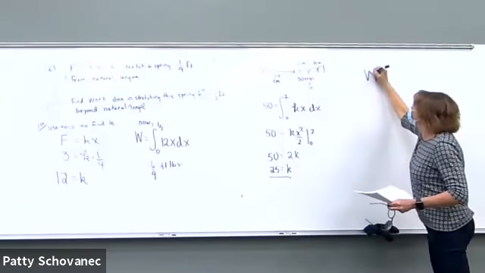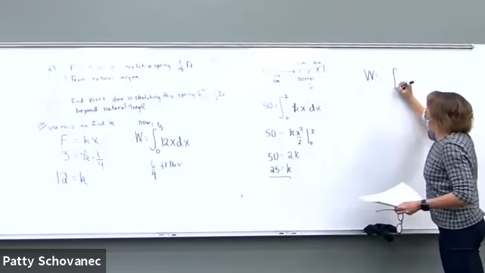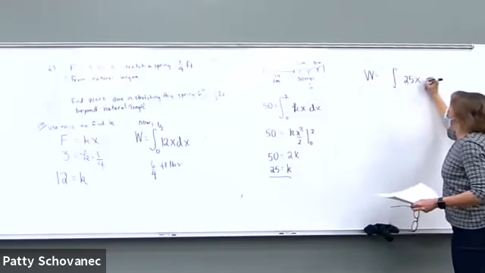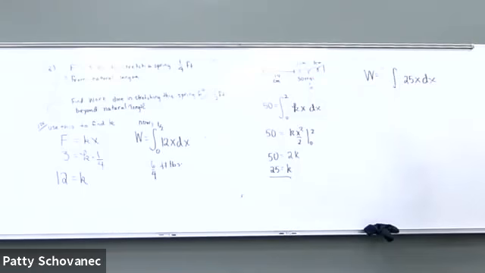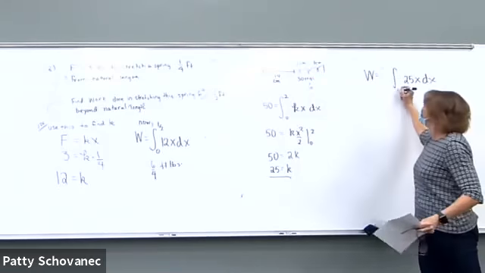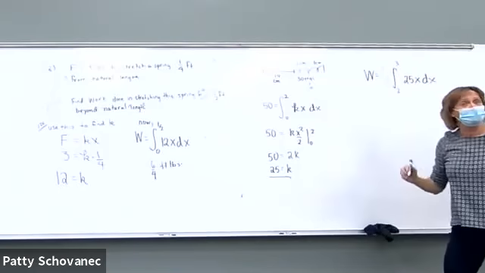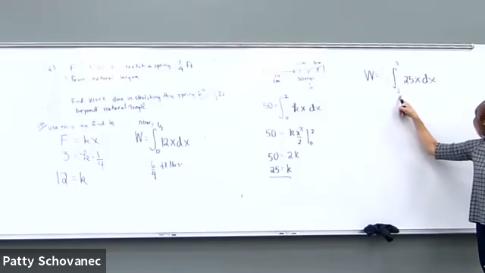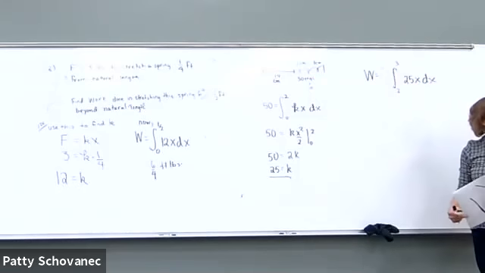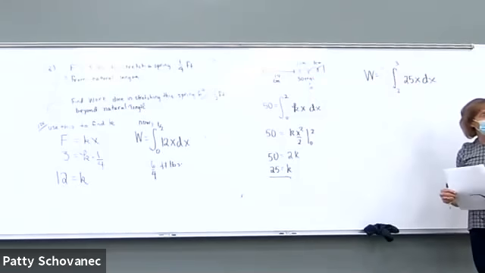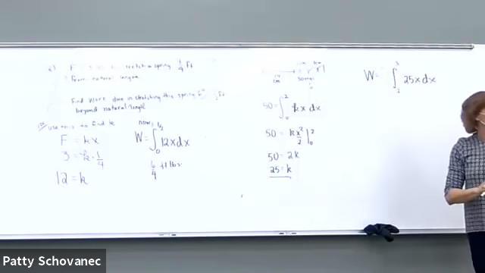And so my integral is going to have that 25 where the k is. And you're going to tell me what numbers go on the integral sign. 2 to 3. It's already at 16, and then it's going to go to 17. So 2 centimeters beyond its natural length to 3 centimeters beyond its natural length. Okay?